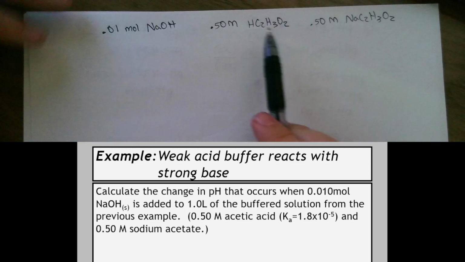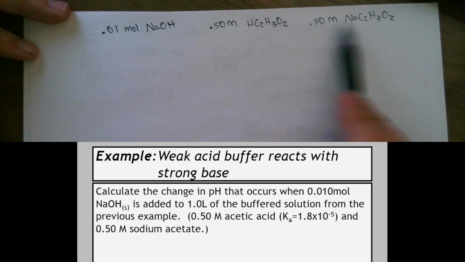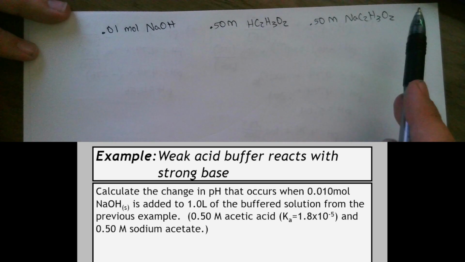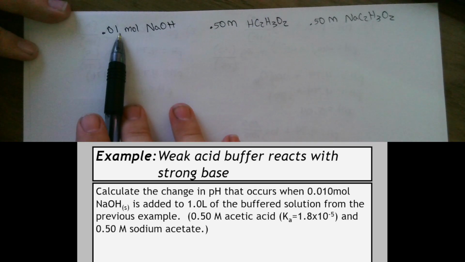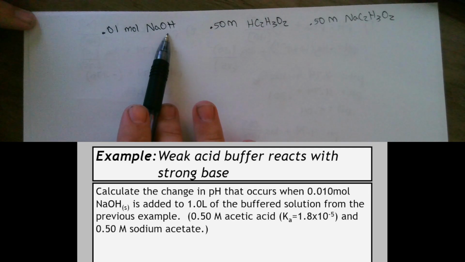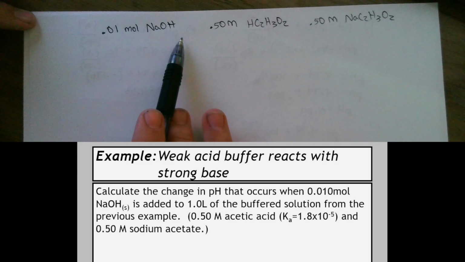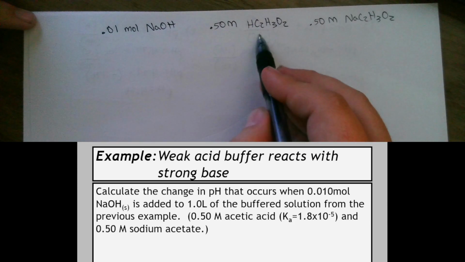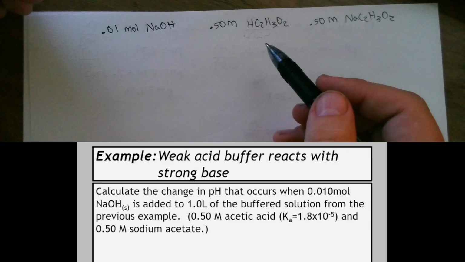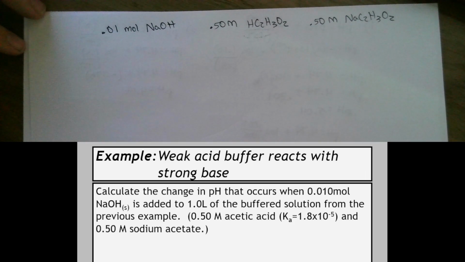Just to get us back where we were, we made a buffer out of my weak acid and its conjugate base. We're going to add a little bit of our sodium hydroxide, our strong base. This strong base is going to react with some of my weak acid, and they're going to neutralize each other. So let's show what that reaction looks like first.